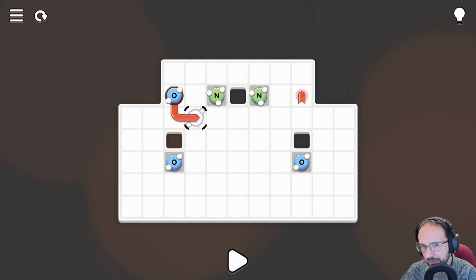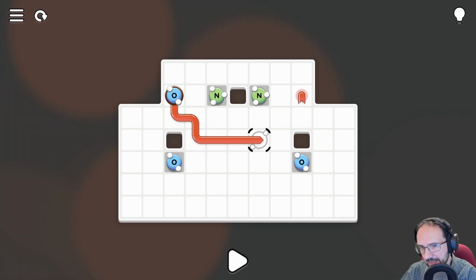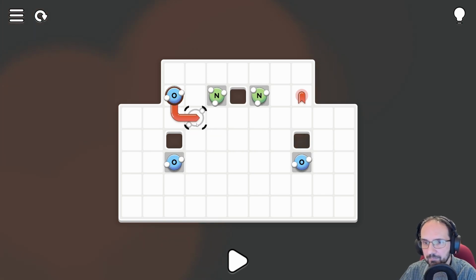Could it be we don't pick that nitrogen up? But instead we pick that one up? No, that's not going to work. It has to be nitrogen next.